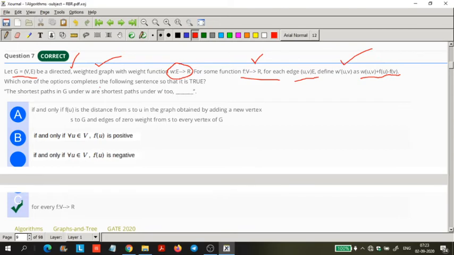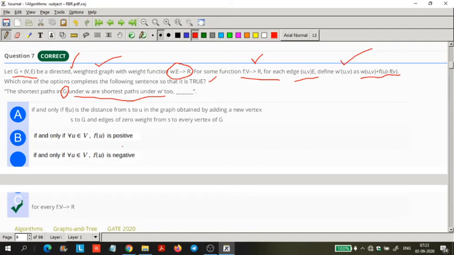Which of the following options completes the sentence so that it is true? The shortest paths in the graph G under the weight w are the shortest paths under w dash.